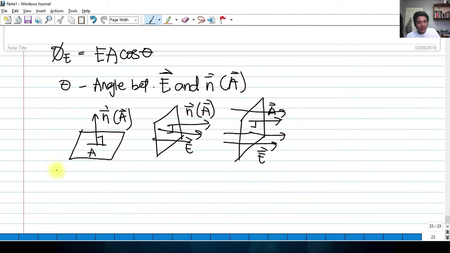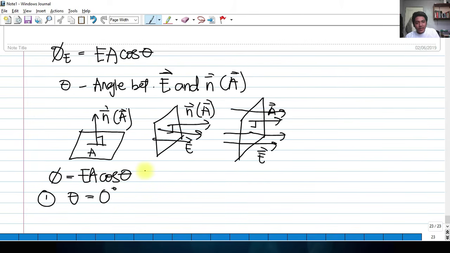So let's say condition 1, okay? Condition 1, EA cosine of theta. Let's say that your theta is 0 degrees. What will happen to the flux? That's the question. What will happen to the flux if the angle between the electric field and the normal vector area is 0? Then cosine of 0 is simply 1.